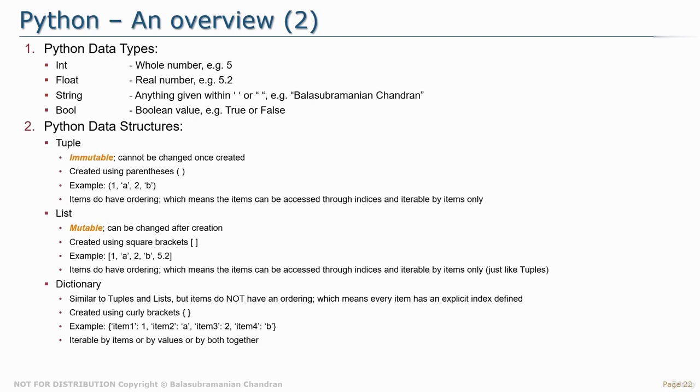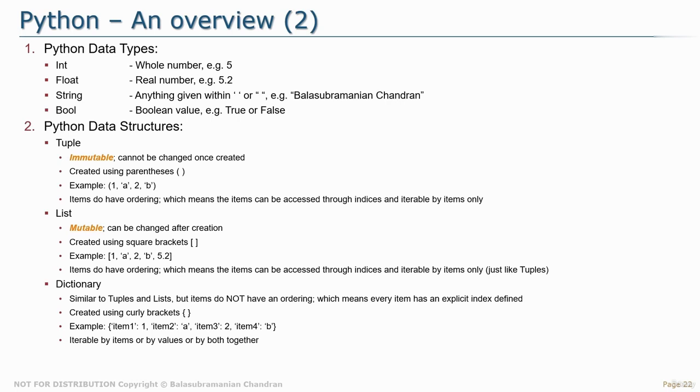There are 4 data structures in Python, and they are tuples, lists, dictionaries, and sets. Tuples are immutable and cannot be changed once created. They are created using parentheses, for example 1, a, 2, b. Items do have ordering, which means the items can be accessed through indices and iterable by items only.